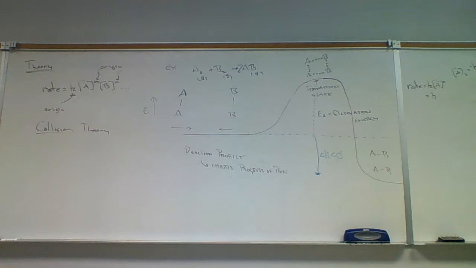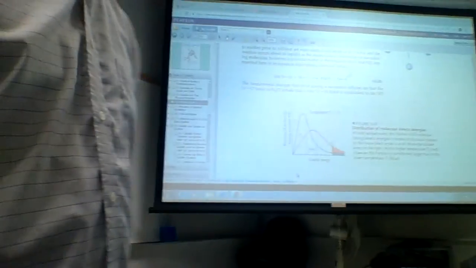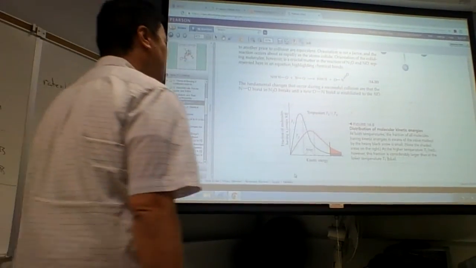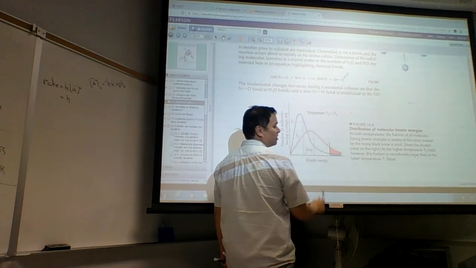This curve is called a thermal distribution curve. I call it a Maxwell-Boltzmann curve. Have you heard that term? Maxwell-Boltzmann. It's a distribution, another shape, the Maxwell-Boltzmann distribution. That's the name of the curve.